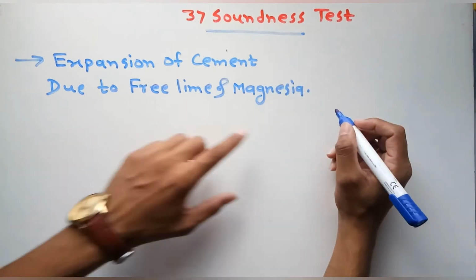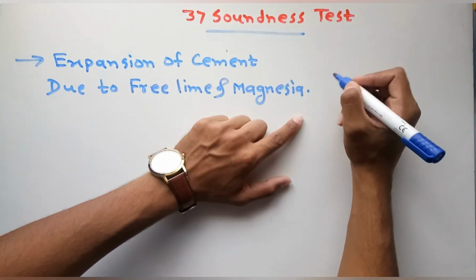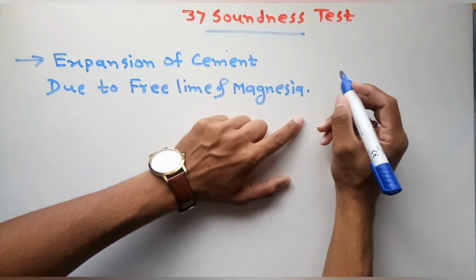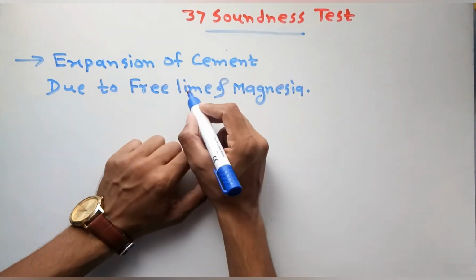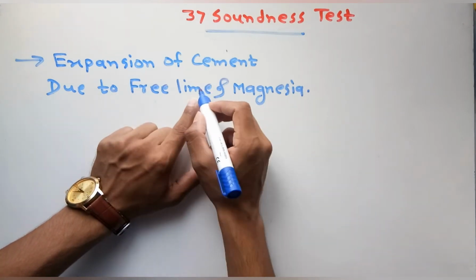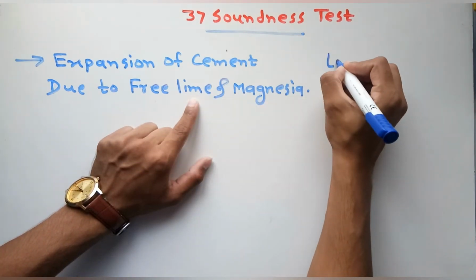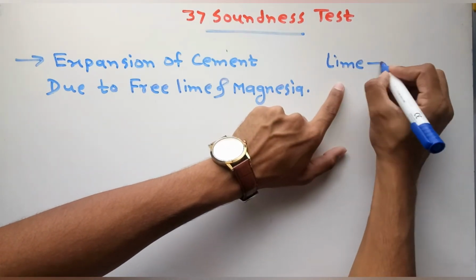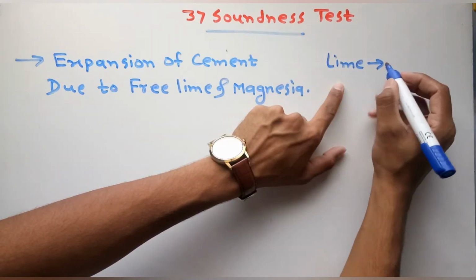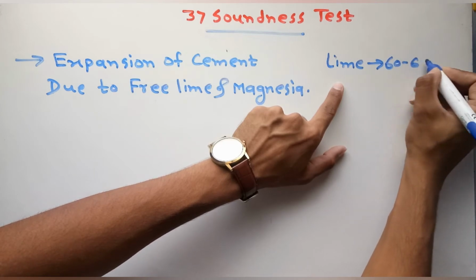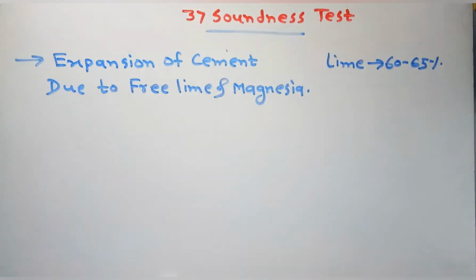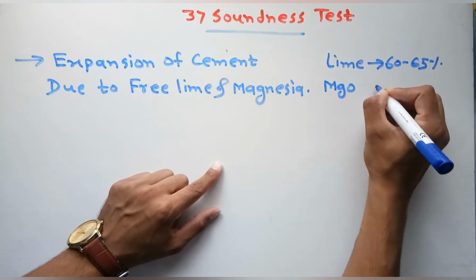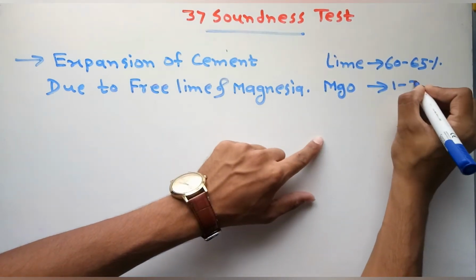As we discussed in the chemical compositions video, cement consists of lime, silica, alumina, iron oxides, etc. In this case lime and magnesia are important. The percentage of lime in good quality cement is around 60 to 65%, and the percentage of magnesia is around 1 to 3%.